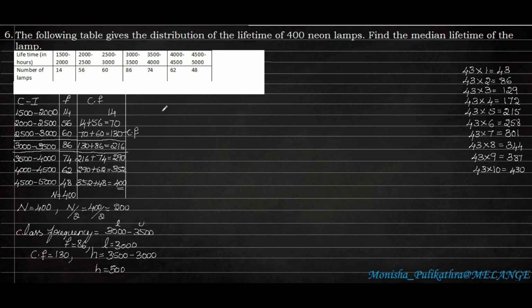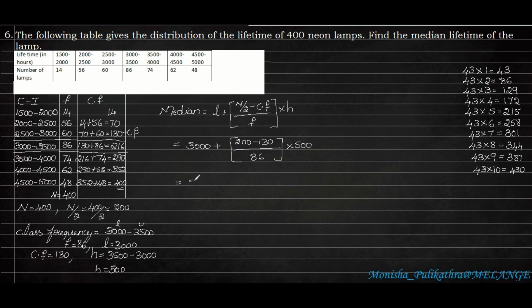Next we need to write the formula. Median is equal to L plus (n by 2 minus CF) whole divided by f into h. So median is equal to the lower limit 3000 plus n by 2 is 200 minus CF is 130, whole divided by f is 86, into h. h is 500.